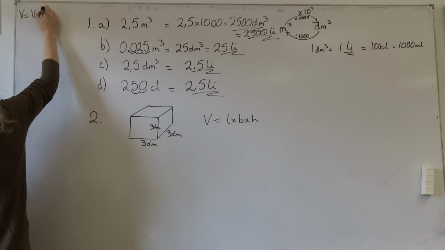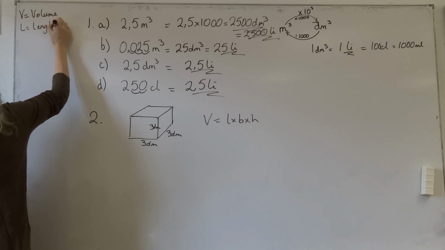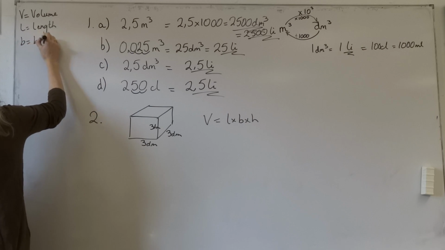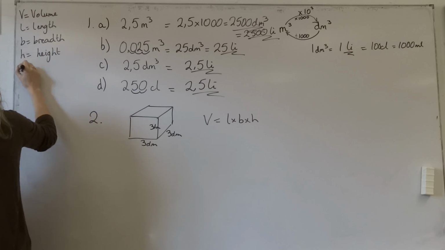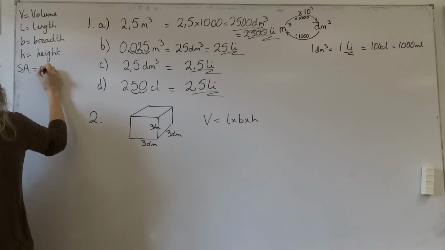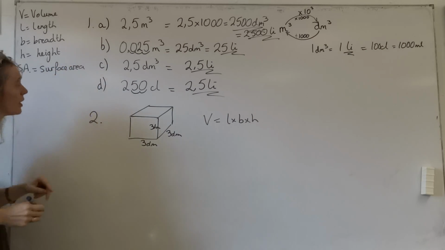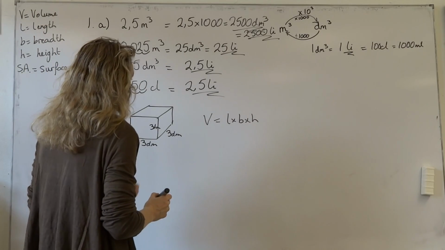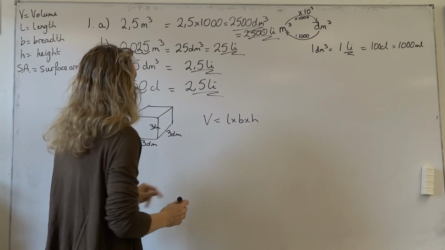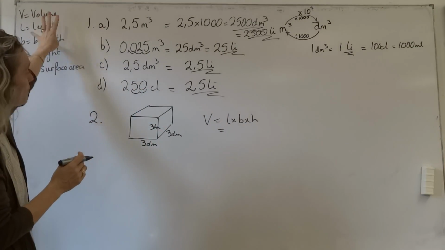V is volume, L is length, B is breadth, H is height, and we might as well define SA as surface area. I'll leave them there for the whole paper. Then all of our terms are defined.